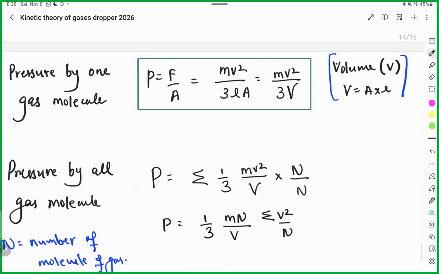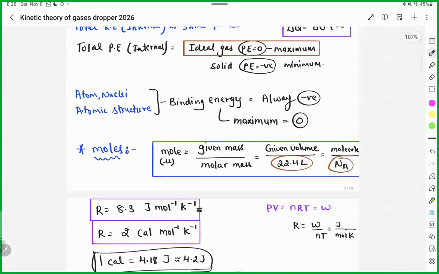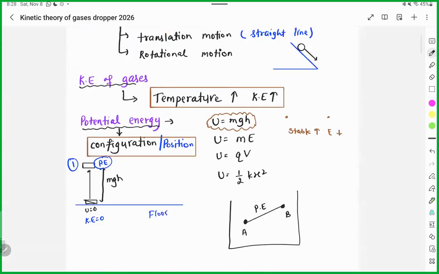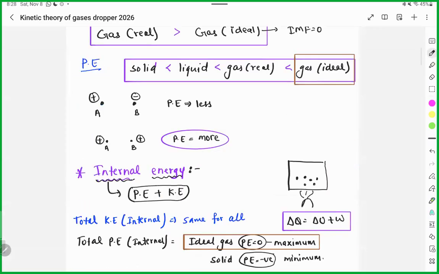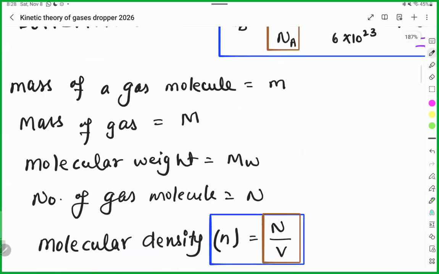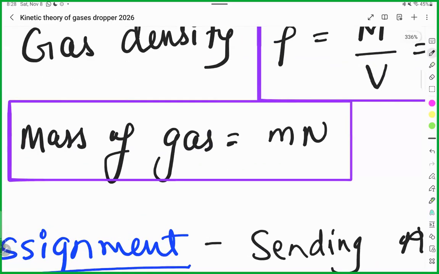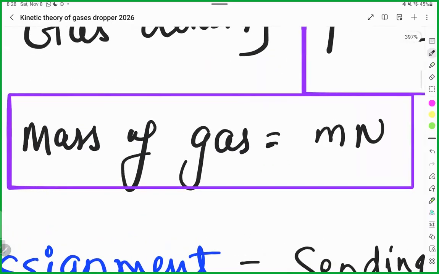Now you tell me, in the very beginning of this class, didn't I tell you the same thing? Capital M is the mass of the total gas. Small m is the mass of one gas molecule. And if you want to calculate the mass of the gas, it is the mass of one gas molecule multiplied by the total number of molecules, right?